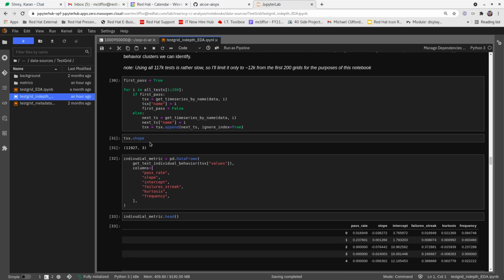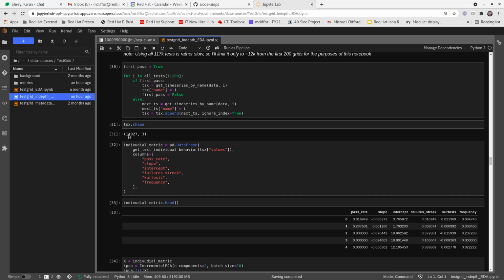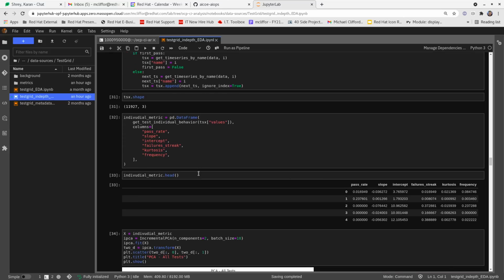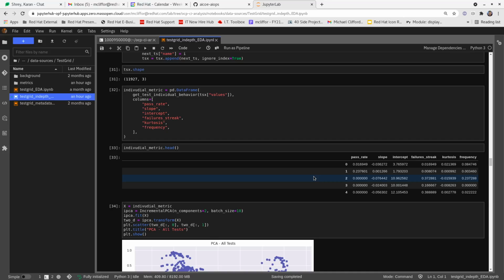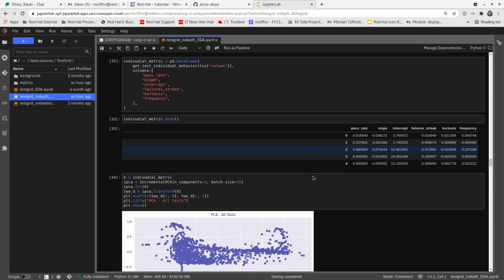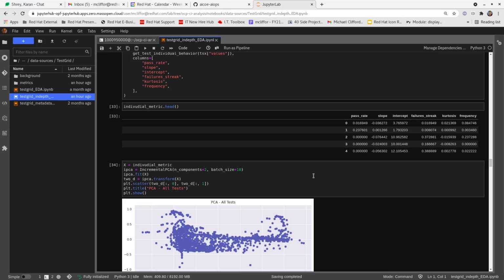Again, for the purpose of the demo, we're going to limit it to about 12,000. It comes from the first 200 grids out of 400. And again, we'll compute the pass rate, slope, intercept, failure streak, kurtosis, and frequency to represent our unequal length time series.